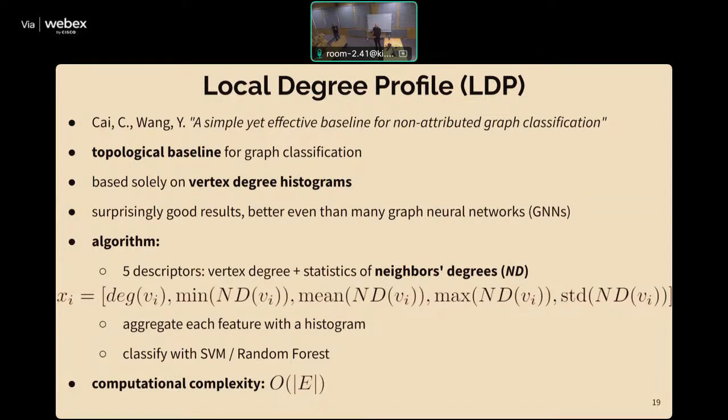So for example, if there are 30 nodes in the graph, you will calculate the histogram of 30 values of this column. So you take 5 histograms. Each histogram is basically a vector of values, and you concatenate those vectors. So the histogram has a constant length. It's computed from the column values. Okay, thank you.